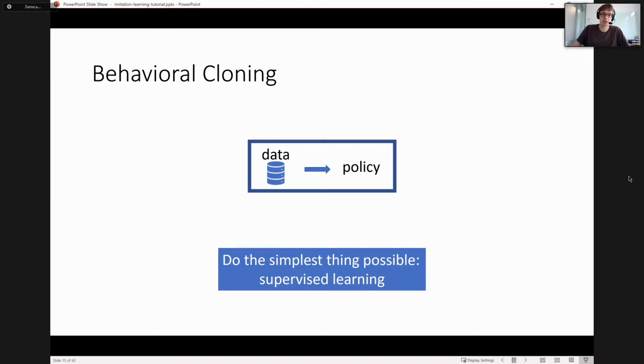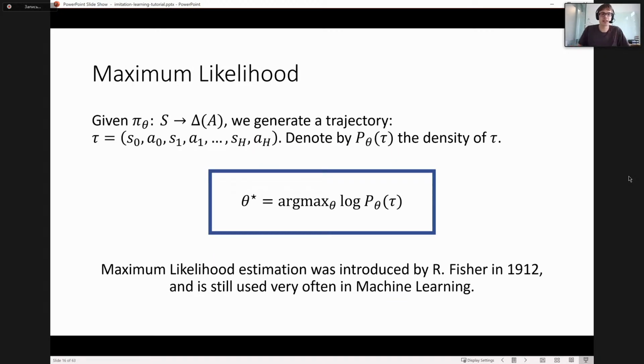Let us provide some more detail about that. First, let me talk about the concept of maximum likelihood. Maximum likelihood is a concept which is central to traditional statistics, and behavioral cloning is a way of applying that concept to imitation learning. We've seen in the introduction about MDPs that once I have a policy, I can roll it out in the MDP and generate trajectories.